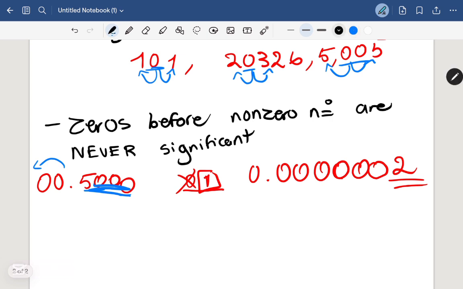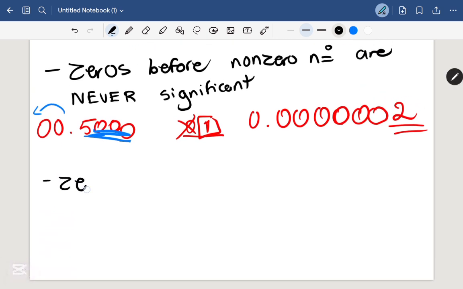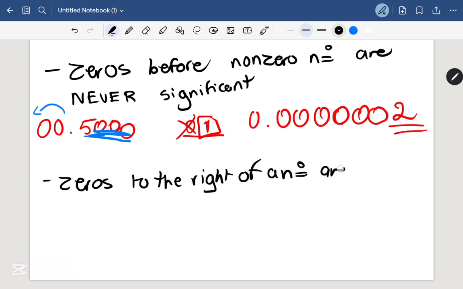Now, the next thing we move on to is that zeros to the right of a number are significant only if there is a decimal place. I said only.